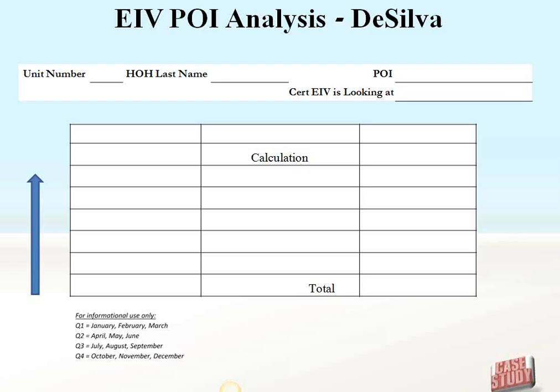This is just a blow-up shot of it. So look for the form that says EIV Period of Income Analysis. On those next 2 pages, there are 4 charts for you to complete, a chart for every income source.